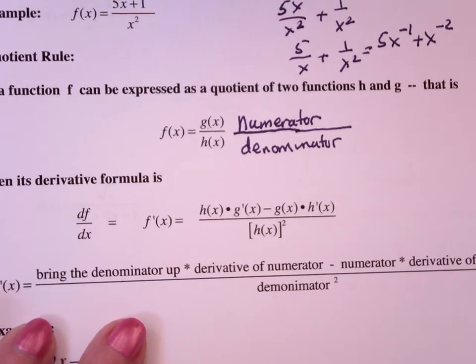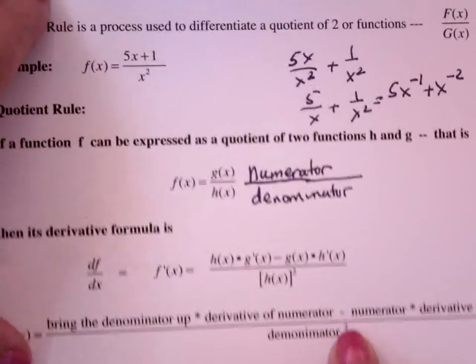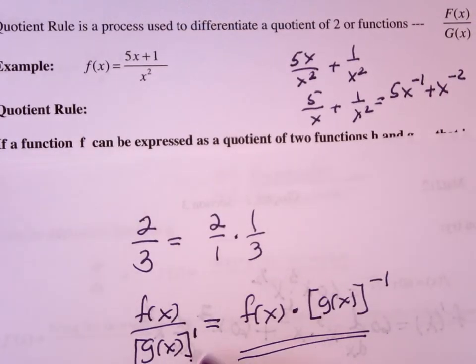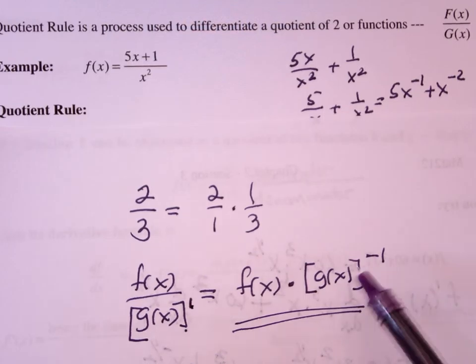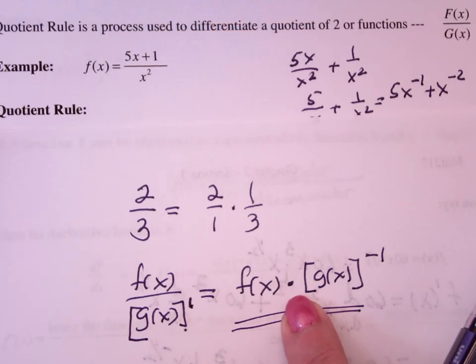And you might say, why is there a minus sign there? Now remember that when I was messing with this guy, I said I brought the denominator up. He had a positive exponent. But when I brought him up, he has a negative one. And when I take the derivative of the denominator, this would be a minus 1 coming down.